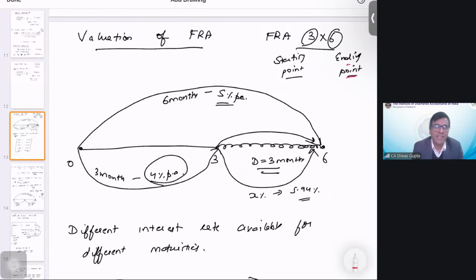Now, from an interest rate perspective as well, there are two different kinds of rate. One is the actual rate which is appearing as of now. Second, there is a future rate as well, which is going to appear on the date that is specified.